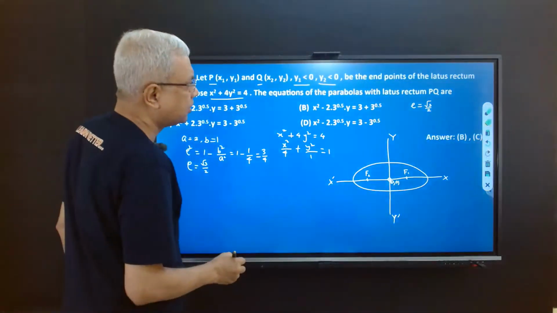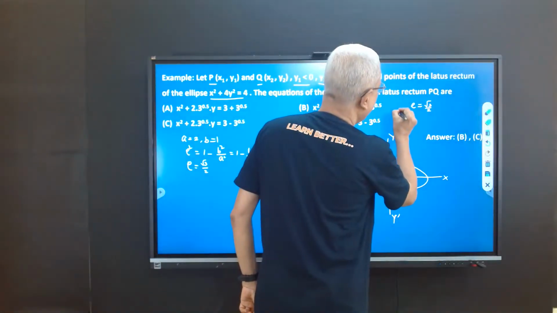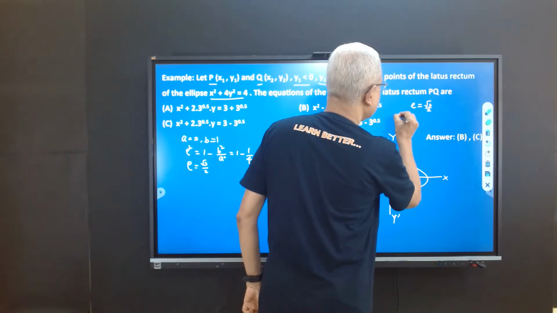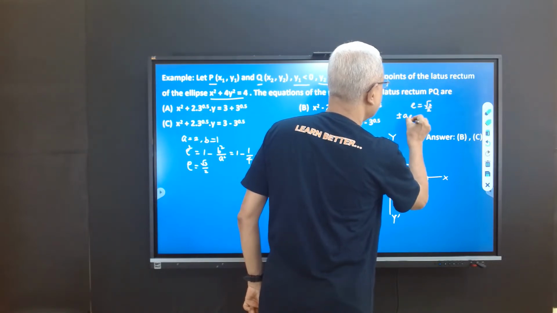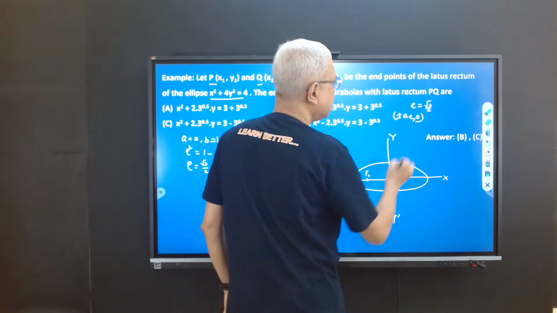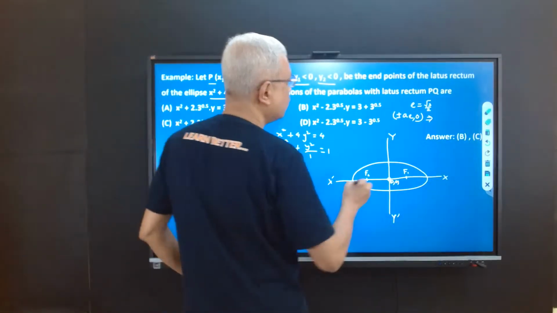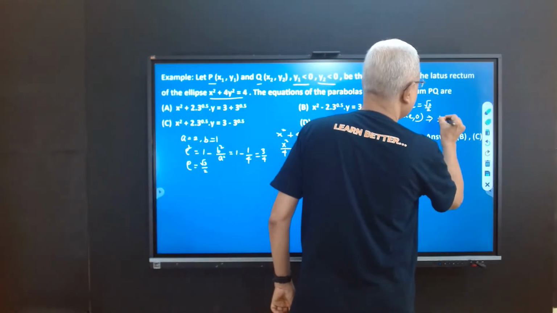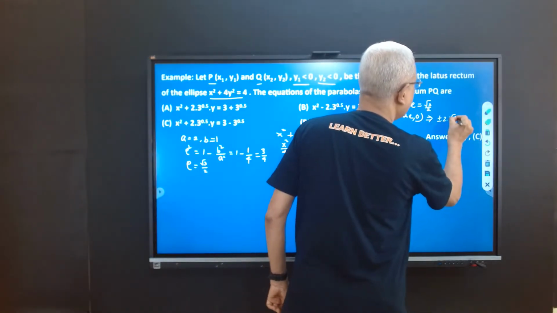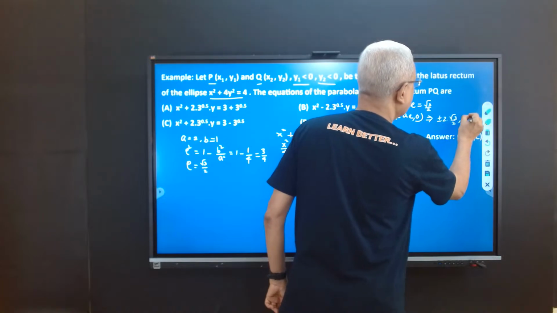So what are the coordinates of the focus? Plus minus a e, 0. That means a is 2, so plus minus 2 times root 3 by 2, 0.